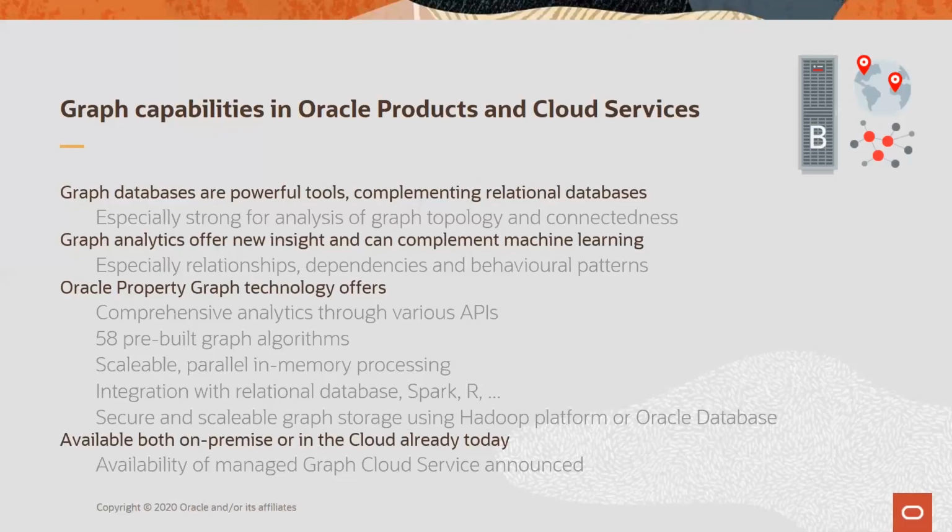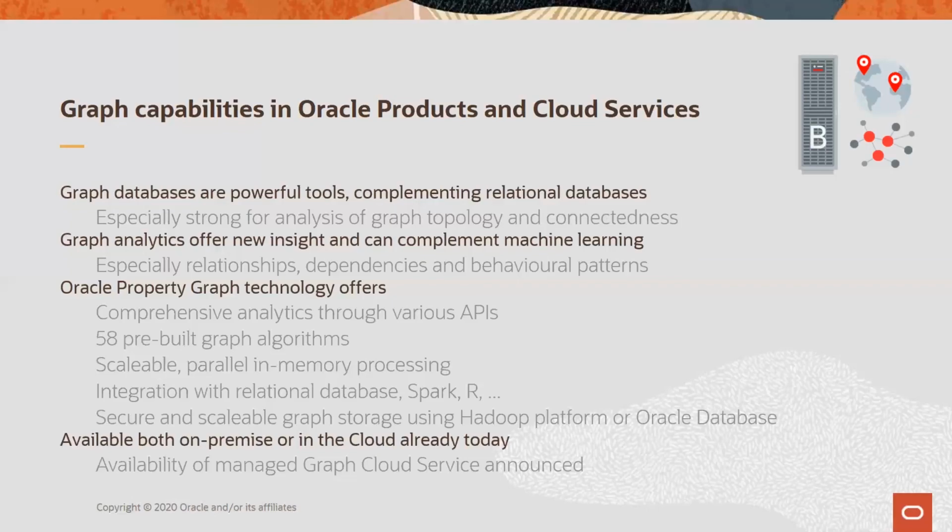It is integrated nicely with the relational database, but it can also work in conjunction with Spark, with R, or it can be used on the Hadoop platform using HBase as the storage layer, as well as the Oracle database as the storage layer. If you want to try these technologies out in an Oracle context, you can use, for example, the Oracle Cloud Services for that purpose.